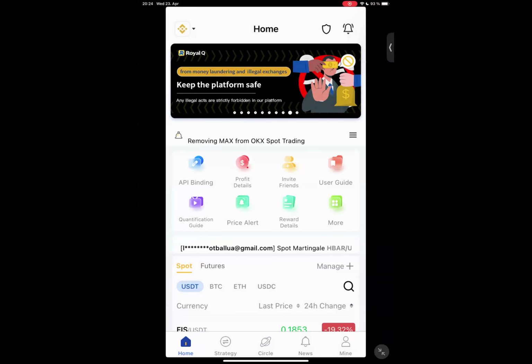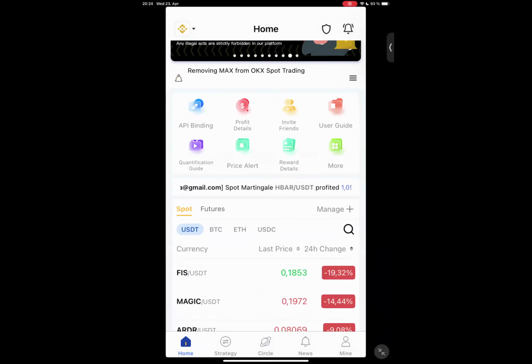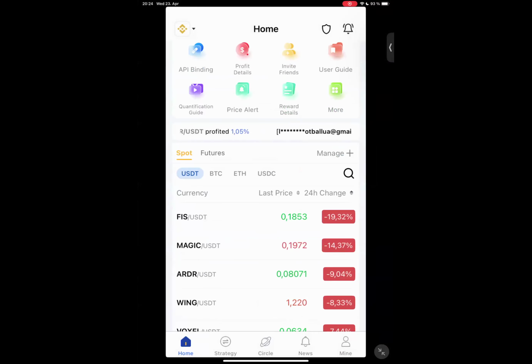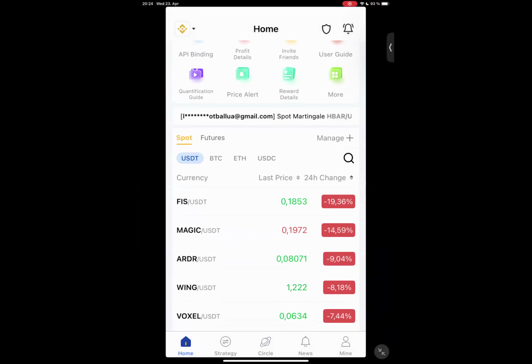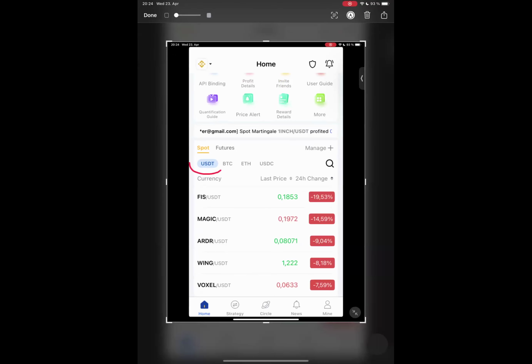So this is where we can see all the trades, all the coins. On Binance, we have 4 different pairs, but the popular one we all use is USDT, the USDT market. So we have BTC, we have Ethereum, we have USDC. You can trade on all these markets as well.